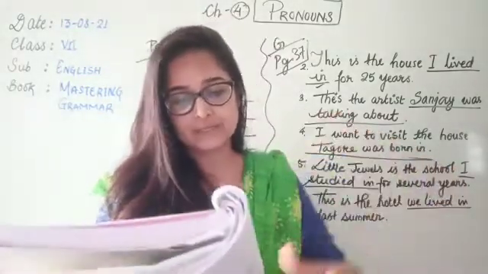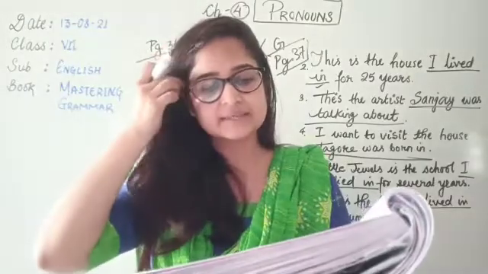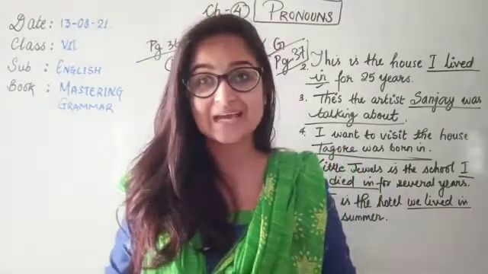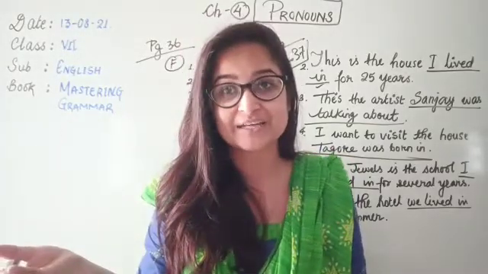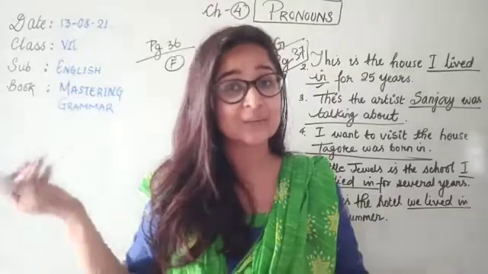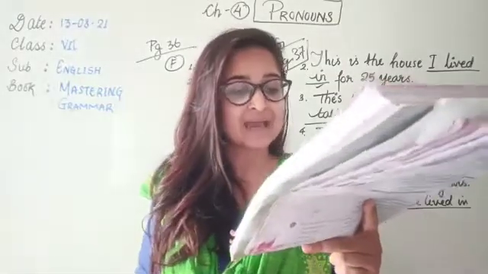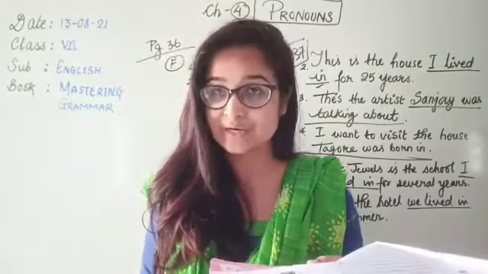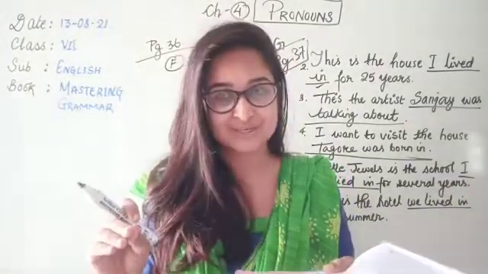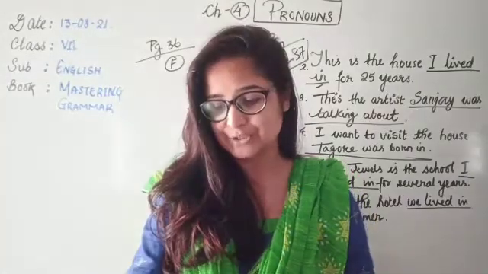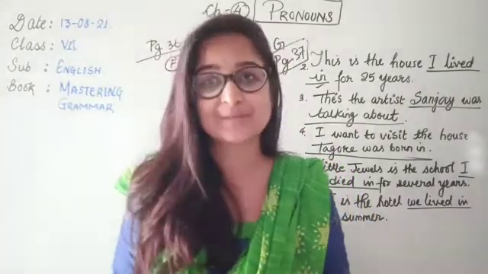Now let's see. The cat drank the milk which was hungry. See, I have just changed the position of the relative pronoun. That becomes completely wrong. It should be written as: the cat which was hungry drank the milk. Which, you should remember, can be used for inanimate things as well as for animals.